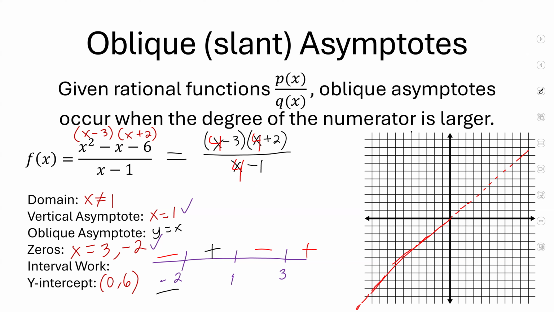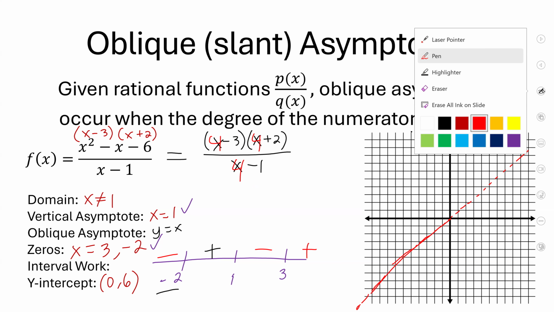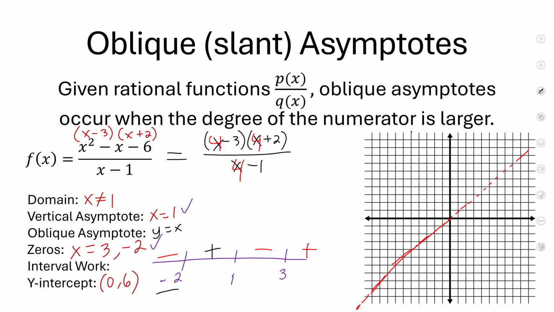Okay, so let's go ahead and graph this. I have a vertical asymptote at 1, so right here. I have a 0 at 3 and -2 here and here. It says that on the left side of -2, I have to be negative, so I'm going to be down here.